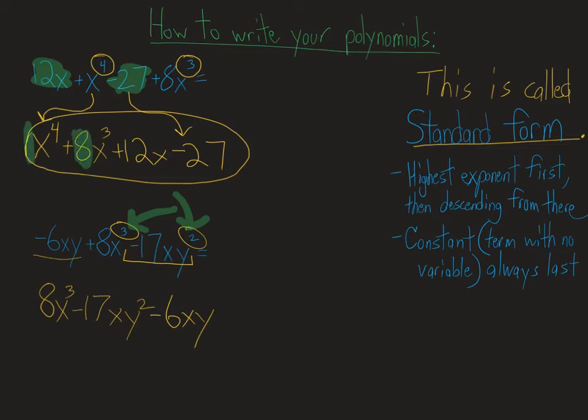The number 1, the invisible 1 in front of the x to the 4th, is not what we're ordering by. We're not looking at that 1 or the 8 on the 8x cubed. We are looking at just the exponents, okay? So ignore any of those coefficients, just use your exponents.